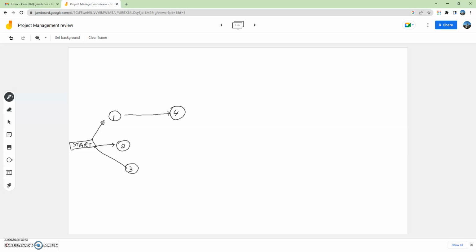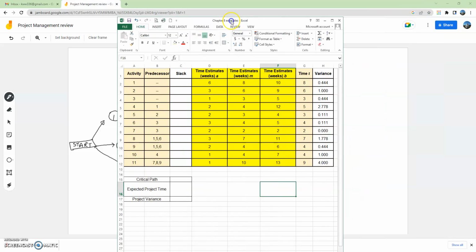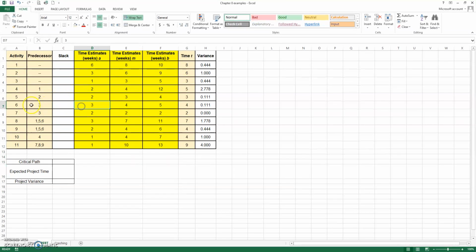And then activity 5 happens after activity 2. And activity 6 right after activity 3. That information is from the spreadsheet we're looking at. We have done the first 6 right there.